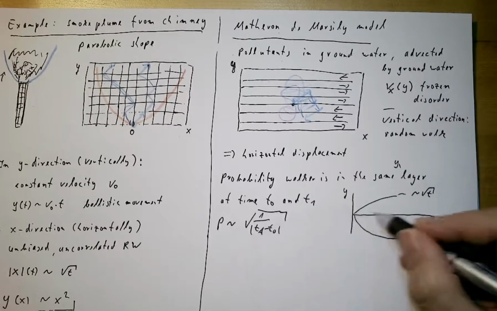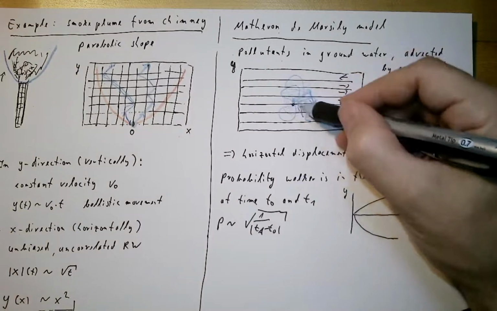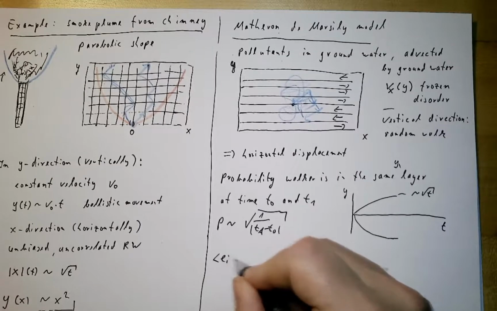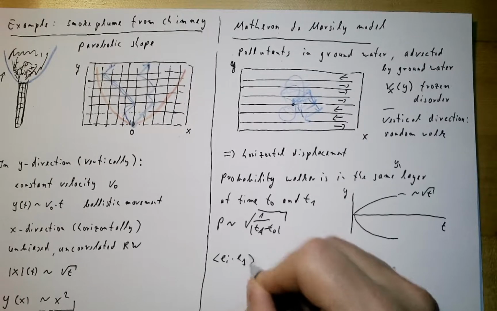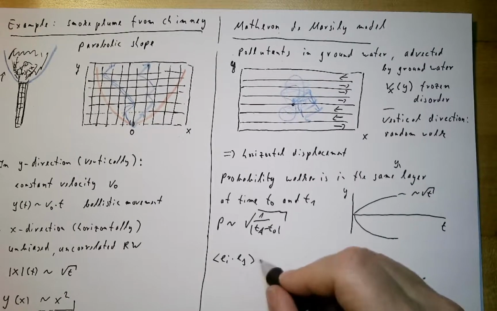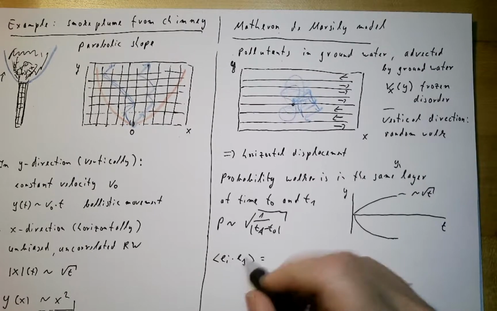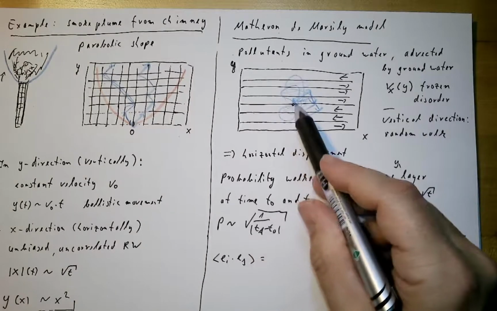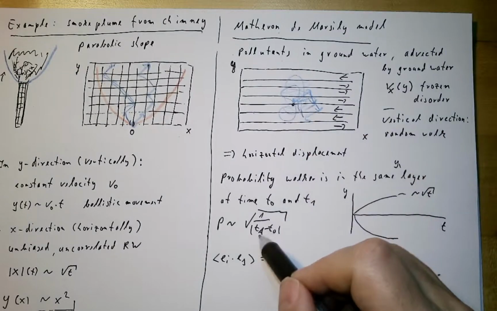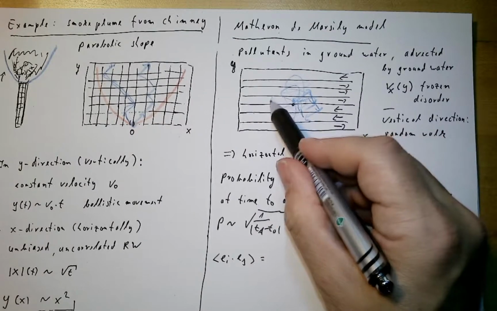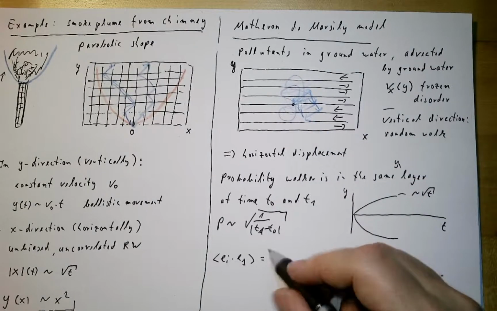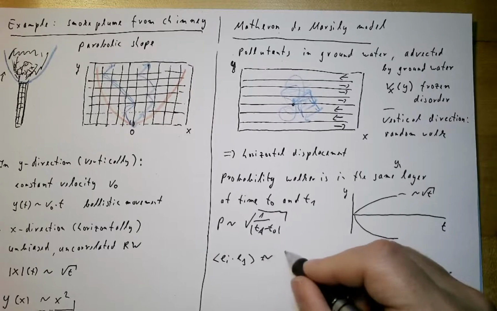And if the walker is in the same layer again, then this autocovariance function after a certain time difference will be 1, because if it's in the same layer as a certain time delta t before, he will be advected in the same direction.